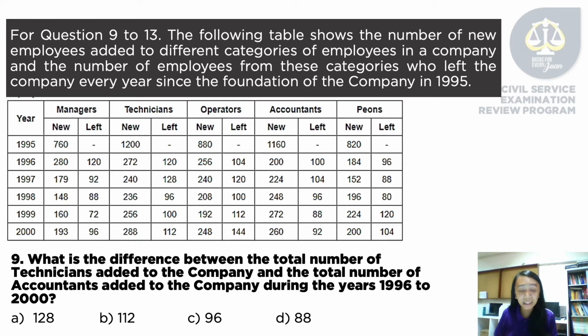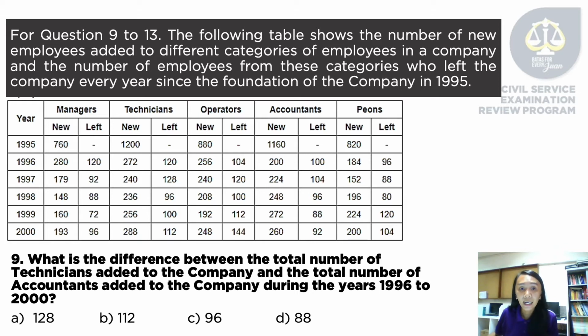Okay, we simply add po yung ating number of employees, okay, from 1996, okay, yung mga bagong pasok, okay, sabi niya kasi dito, added to the company. So, from 1996 hanggang 2000, okay, magsimula tayo sa 272 hanggang 288 sa technicians.